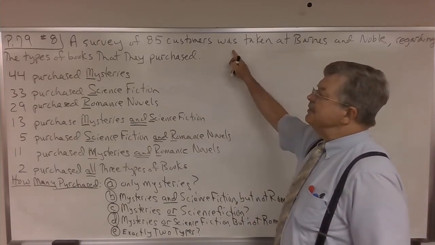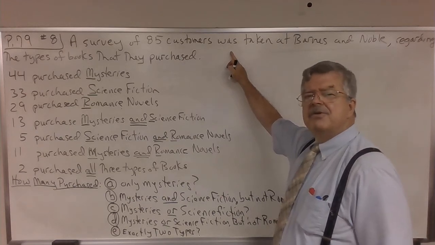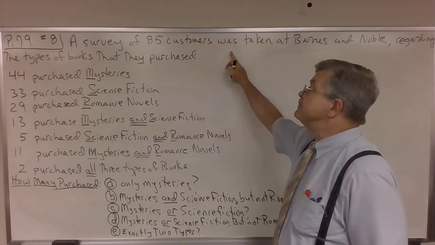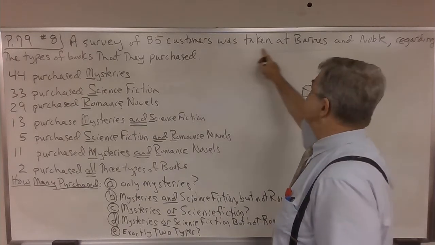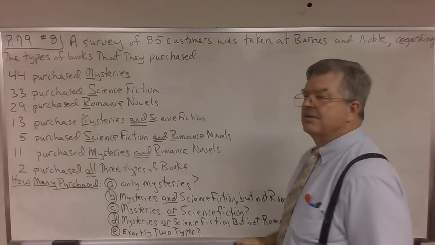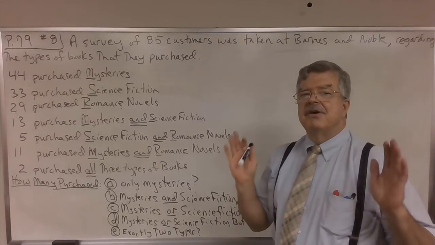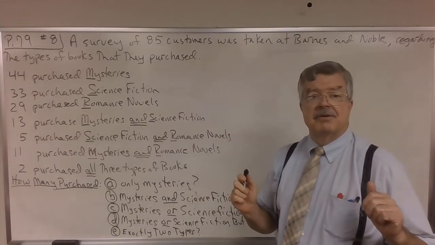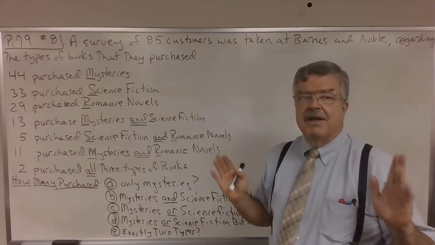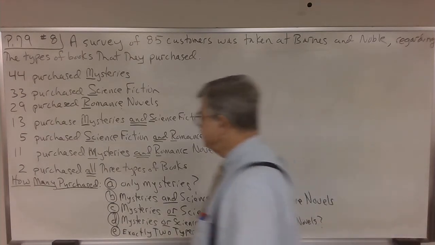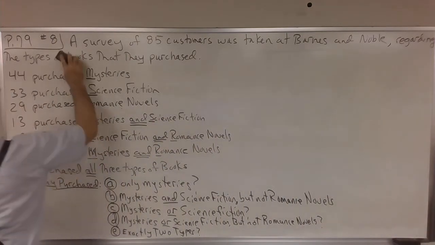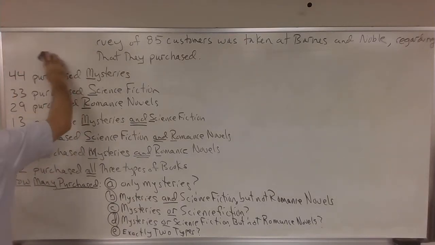I'm going to have to erase some of this to make room for our Venn diagram. It says a survey of 85 customers was taken at Barnes & Noble. So these 85 customers make up our universe. Our universe is the 85 customers. So I'm going to erase all of that.